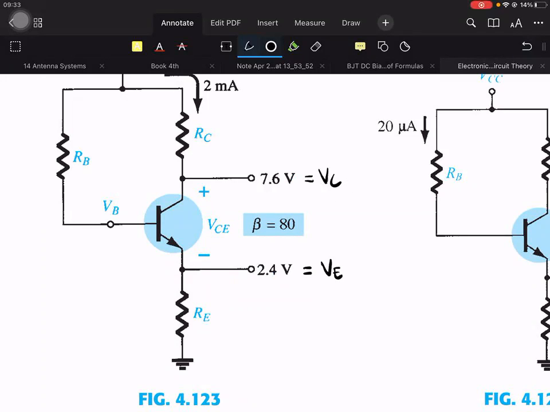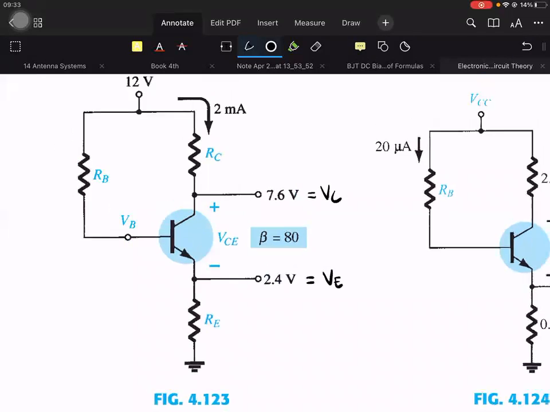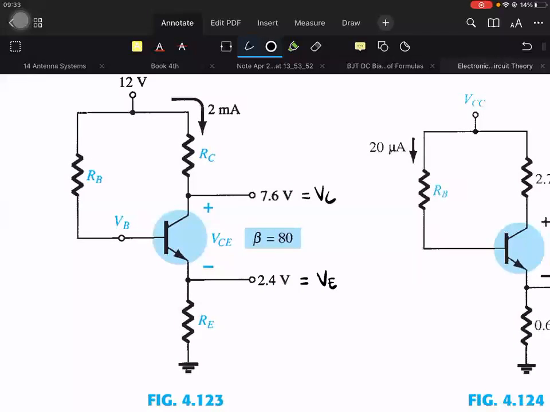VE is voltage measured from emitter to ground. Of course, VB here is measured from the base of the transistor to ground.